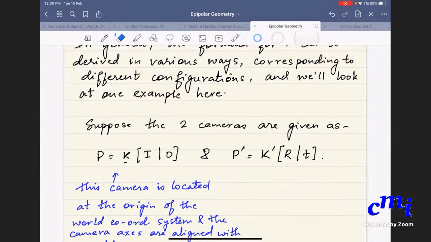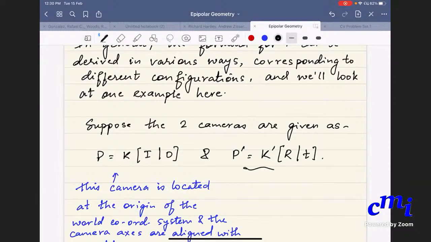Okay, and so your extrinsic parameters are exactly the same as world parameters. There is no change. And of course there could be some intrinsic, some focal length and so on. Okay, so having a camera matrix like this means the camera is located at the origin of the world coordinate system and its axes are aligned to the world axes.